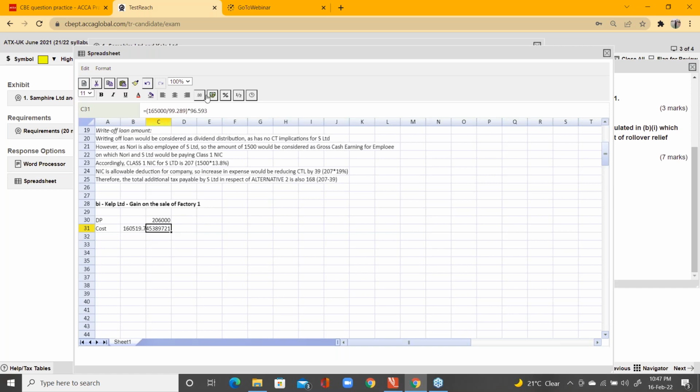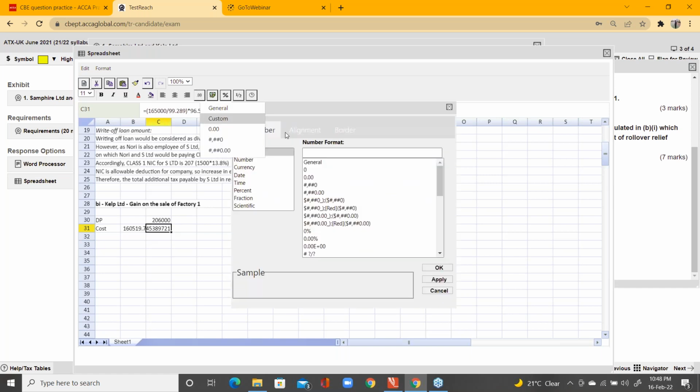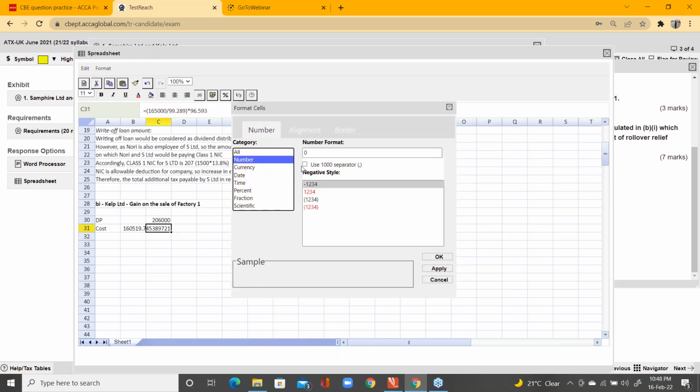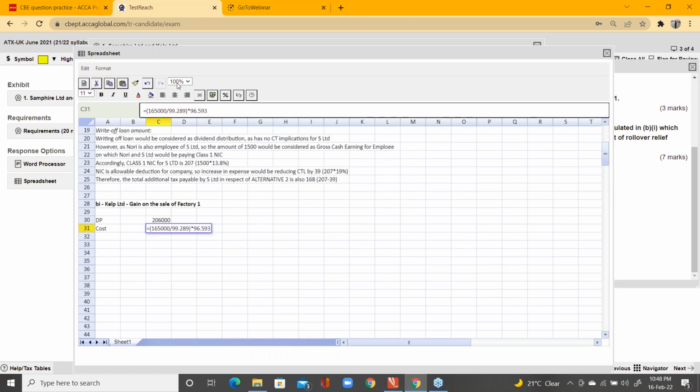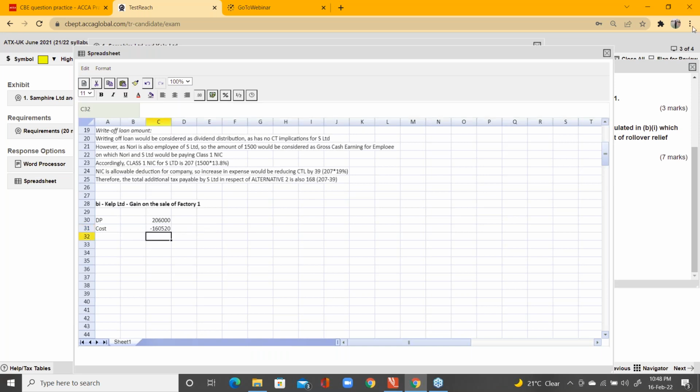How to show it appropriately? Use custom and number, use 0. Okay, so it's giving you 165.20. As it's a negative figure, it's a cost, we have to show it as negative. So between the bracket and the equal sign, please mark a negative sign. Resultingly, an unindexed gain is calculated.